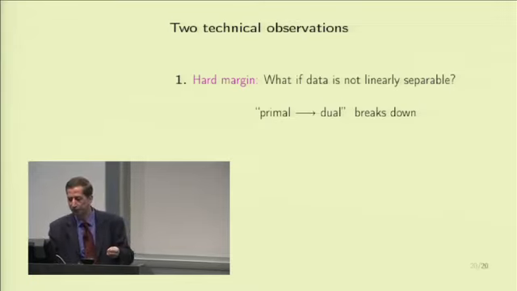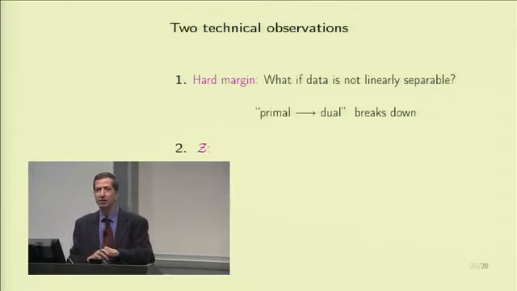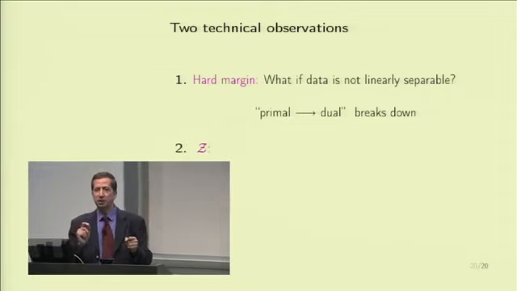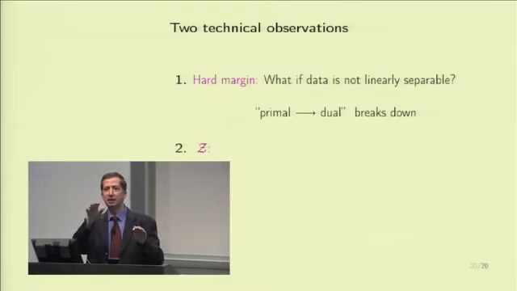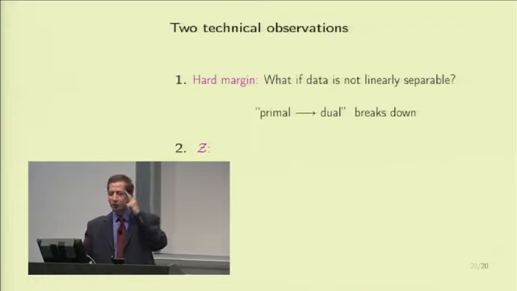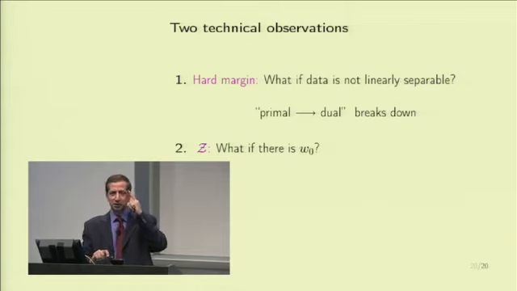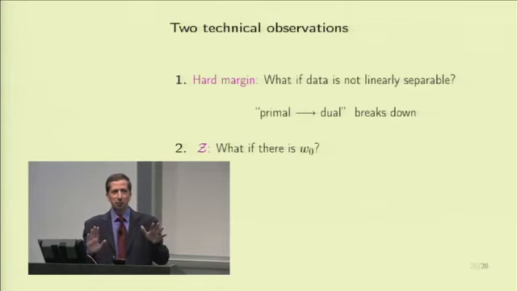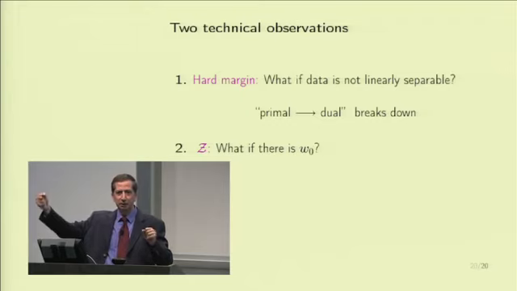The last point is when we transform to the Z-space, you may have noticed that some of the transformations had a constant coordinate, 1. That 1 in our mind used to correspond to W0. We made it a point at the beginning of discussing support vectors that there is no W0. We took it out and called it B, the bias, and treated it differently.